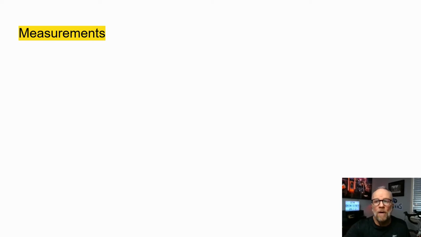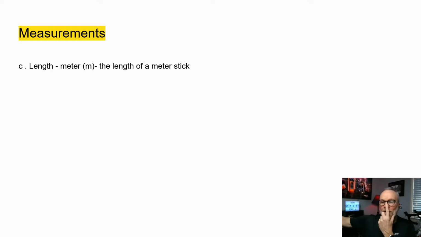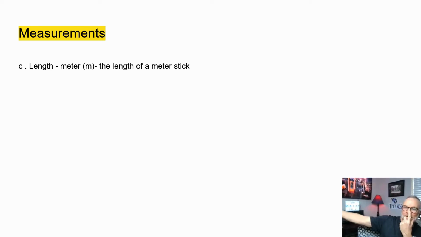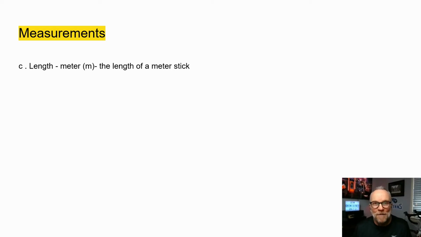Continuing on with our base units. Length. The length of a meter stick. And that's kind of funny because, well, how long is that? Well, back in the olden days when they were measuring lengths of things, they said, well, it's about the size of the king's arm. It's from the tip of his nose to the tip of his fingers. And of course, that's not a very accurate type of measurement, because different people have different wingspans or different arm lengths.